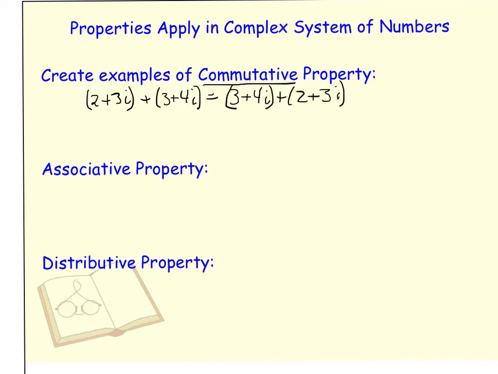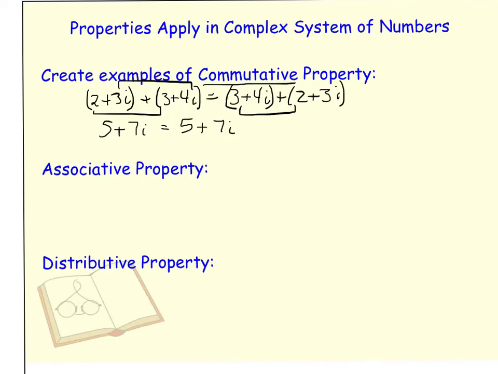And with complex numbers, what we're really doing is just combining like terms. So 2 and 3 are like terms, and 3i and 4i are like terms. So that gives me 5 + 7i. And adding them in a different order does not change their value. We still have 5 + 7i.